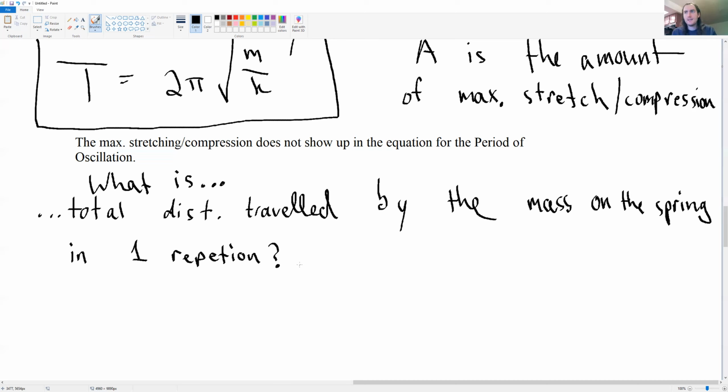How much distance is traveled if it goes through one repetition? It's stretched out A, and it goes all the way until it gets compressed, and then it goes all the way back until it's stretched again. How much distance?